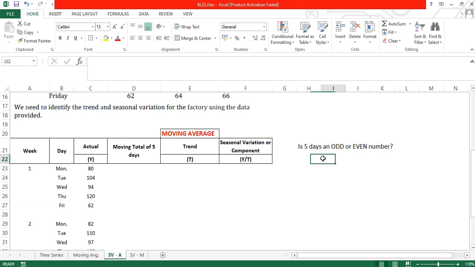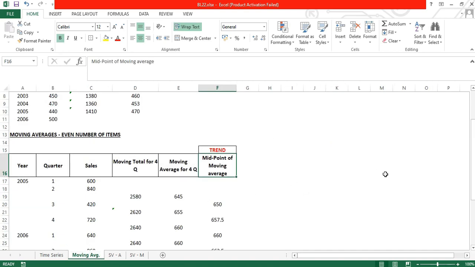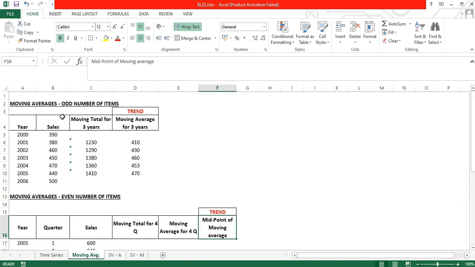So we need to know what it is. 5 cannot be divided by 2, therefore it is an odd number. Now in odd numbers, we only have, what's the format? Only up to here. Get the moving average. Again, no need to take the midpoint or whatever.